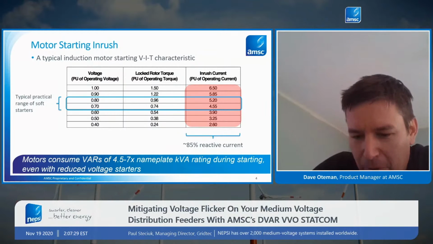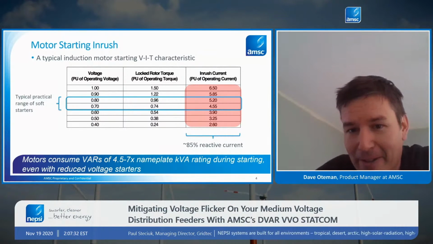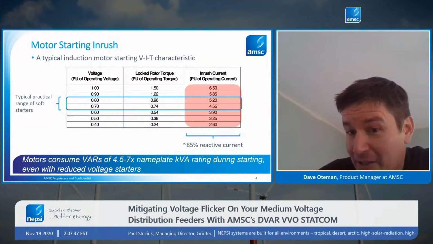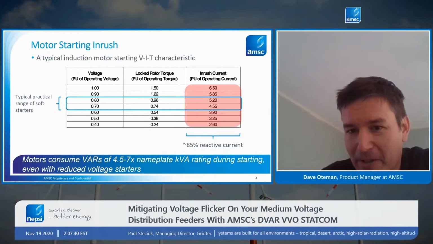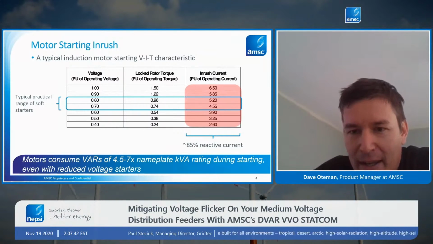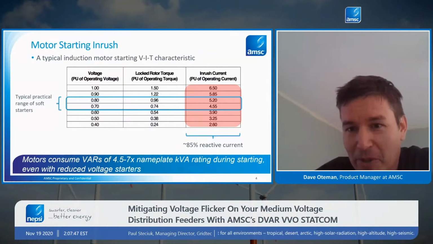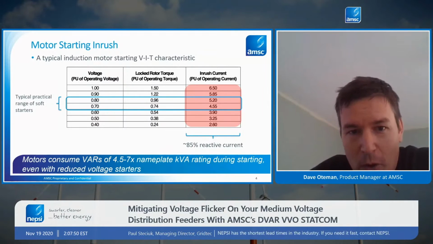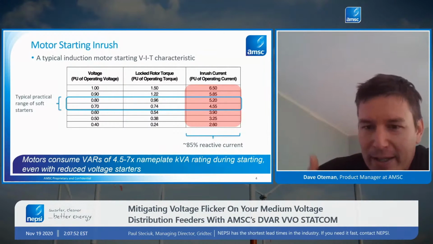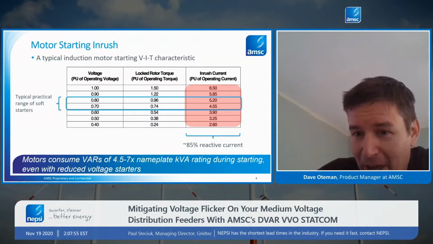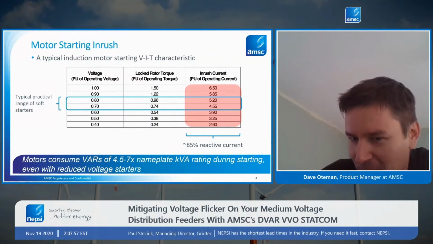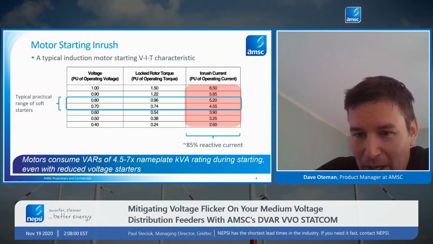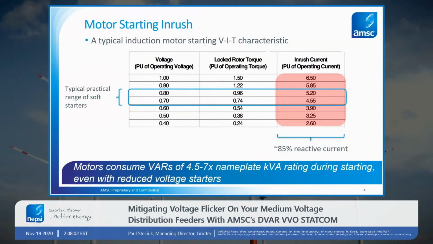Of course, as the motor gets larger, that's even much higher kVAR loading. To the distribution feeder, that literally looks like a step function increase in reactive current, which on a lot of radial distribution feeders will cause power quality issues. Key takeaway: we're stuck with that inrush attribute of an induction machine. And another key takeaway: this is a reactive current problem. It's not a real power problem.